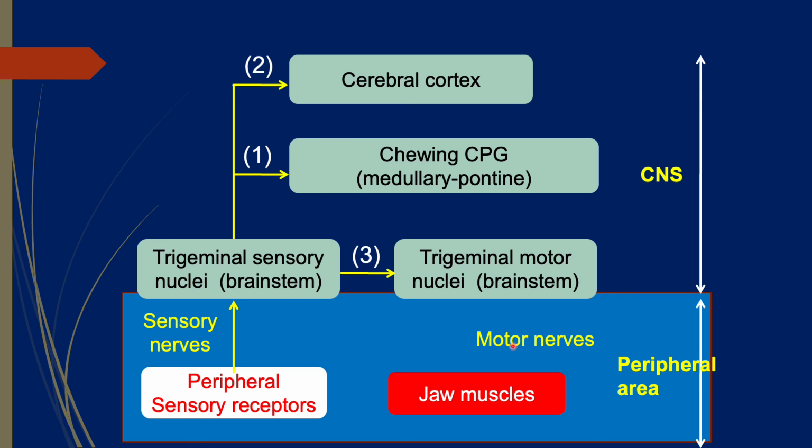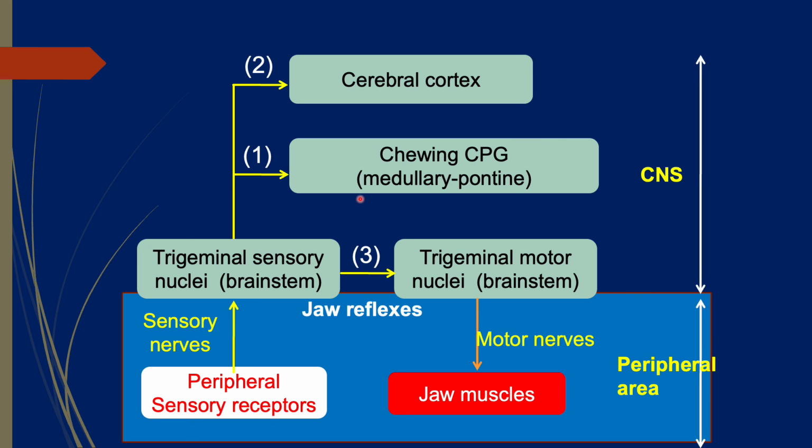The second afferent nerves also transmit information directly to the trigeminal motor nuclei in the brainstem. If there is a muscle engram, the jaw muscle activities can be performed automatically through the motor nerves, which is called the jaw reflex.